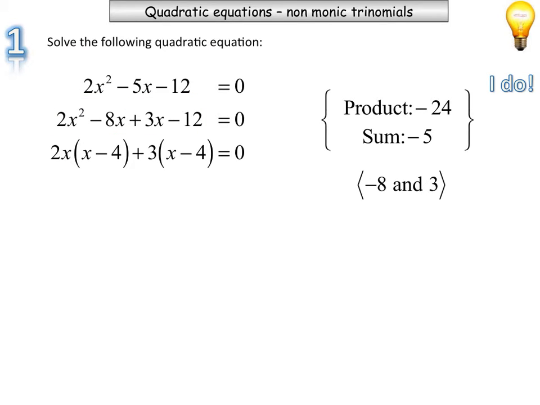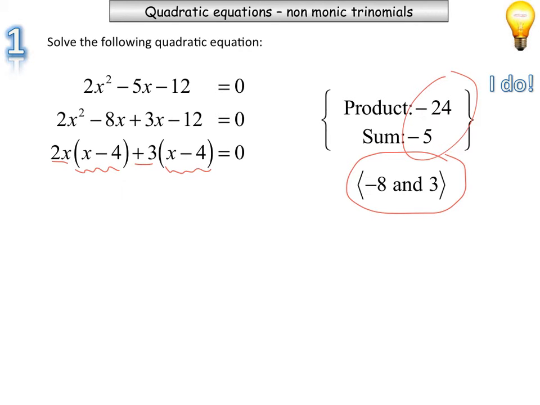Once we do that, we've taken out the 2x, and then we end up getting an x minus 4. We've taken out a positive 3, and we have an x minus 4 again in brackets. And there's no coincidence that these two brackets are the same. So the whole point of finding those two numbers is so these two brackets are the same.